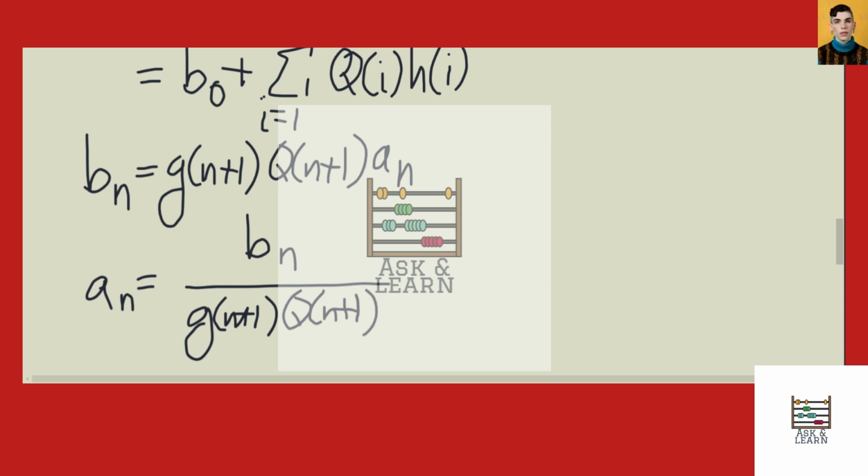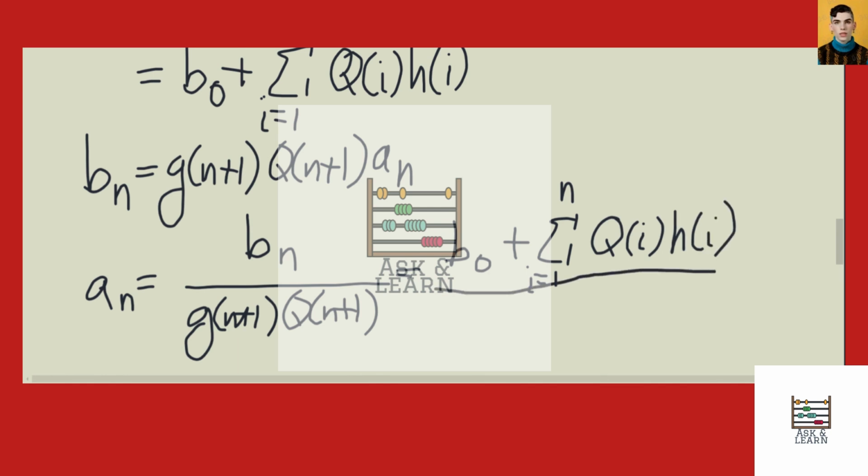And then substituting bn from above, this is going to be b0 plus the sum from I equals 1 to n of q of I times h of I over g of n plus 1 times q of n plus 1.